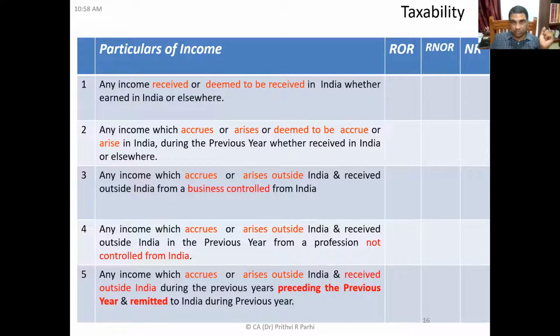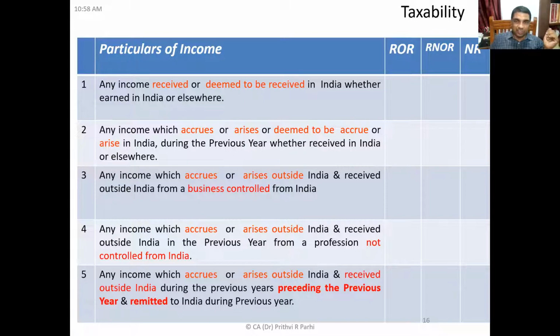Sir, resident and ordinary resident. And what about resident but not ordinary resident? Sir, in that case, we have to see whether the business or the profession is fully set up in India. But here it is talking about income received in India.